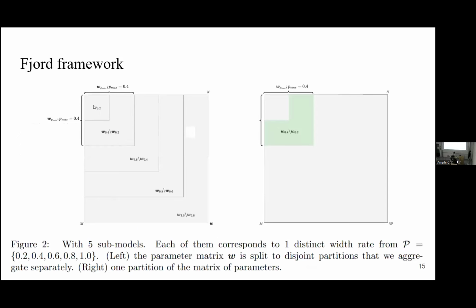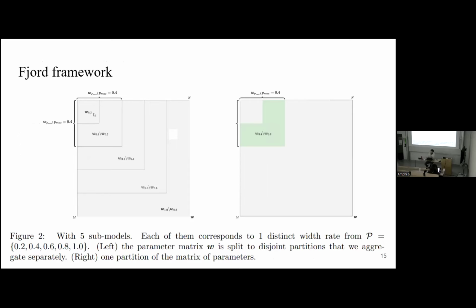When we do the aggregation, we first do it for the smallest subset, which every client trained. Then we do the weighted average for the next set, which is only trained by 80% of the clients, then this set trained by 60%, then this set trained by 40%, and then this set trained by 20%.